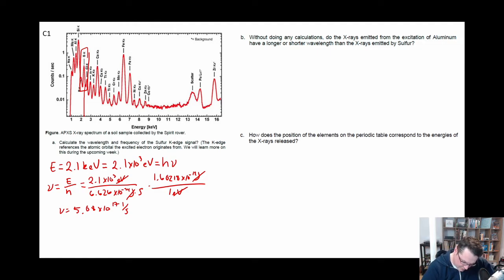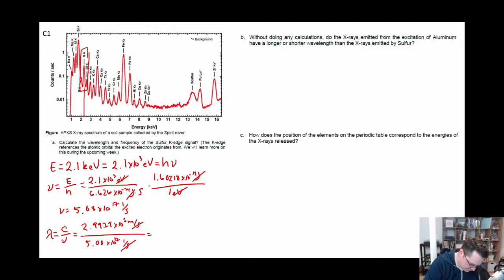And then for wavelength, that's simply equal to c over nu. So 2.9979 times 10 to the 8th meters per second divided by 5.08 times 10 to the 17th, 1 over seconds. Seconds cancel, so you end up with meters. So what we get is 2.9979 times 10 to the 8th divided by 5.08 times 10 to the 17th.